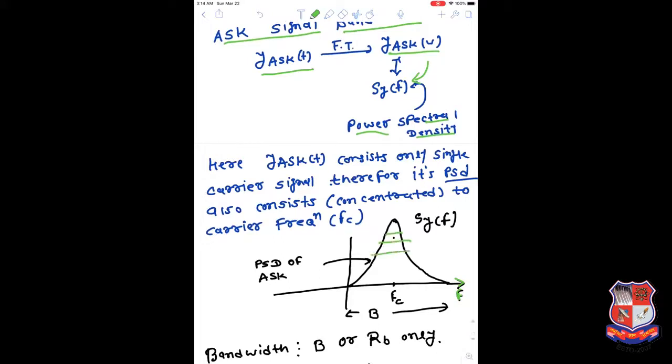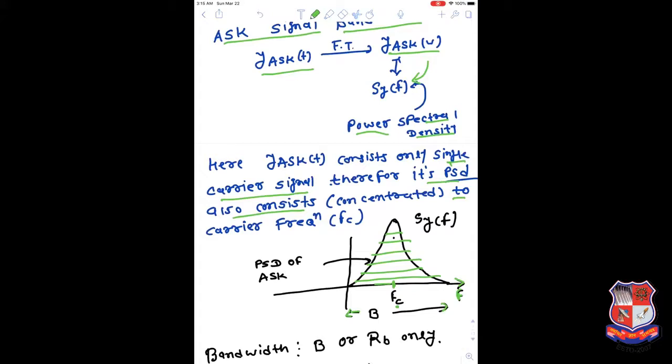So in this graph we can see this is the region where all the frequency components lie. So it's known as the bandwidth of your signal. Now in an ASK signal only a single carrier signal is there. Therefore its power spectral density is also concentrated at the single carrier Fc, that is cos omega Ct.